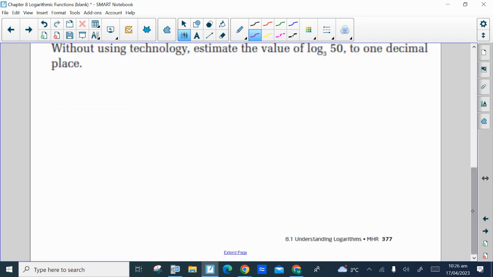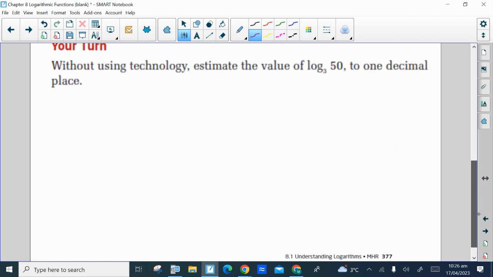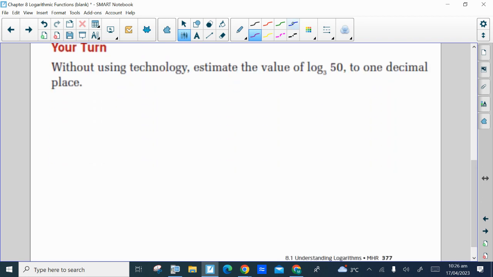And then we can do the same thing for estimating the value of log base 3 of 50. So again, if we say y equals log base 3 of 50, we can convert from logarithmic to exponential by starting with the base and cycling through.